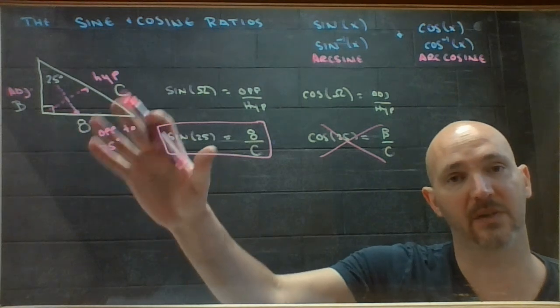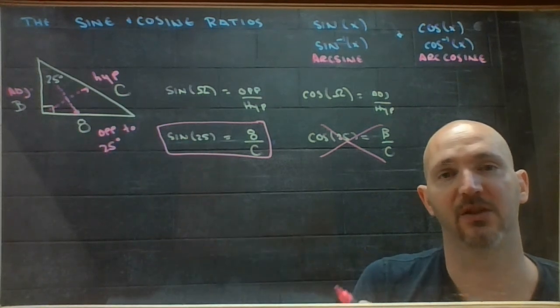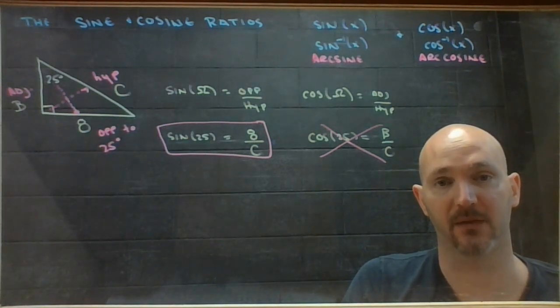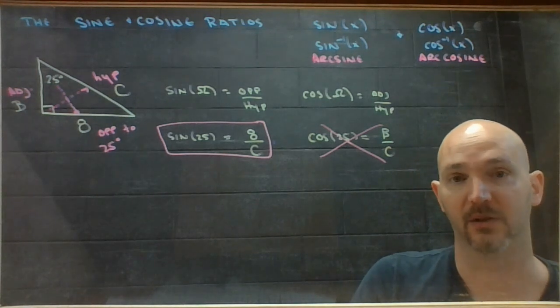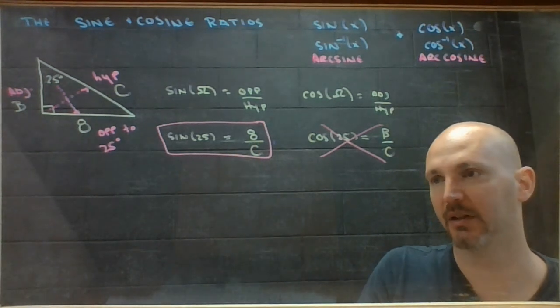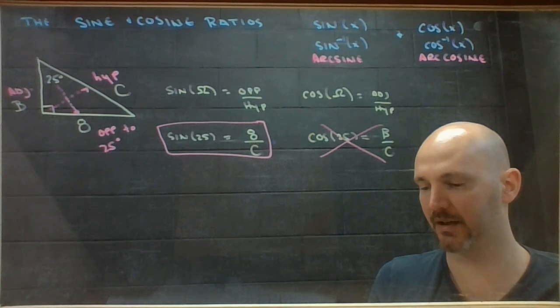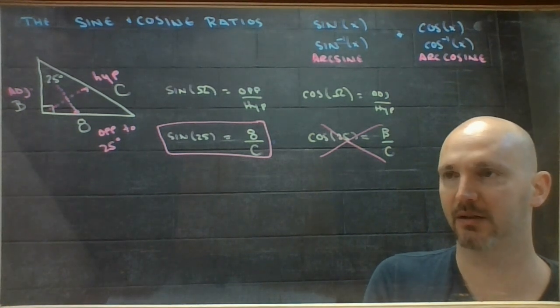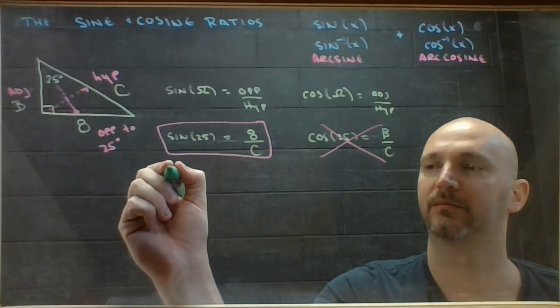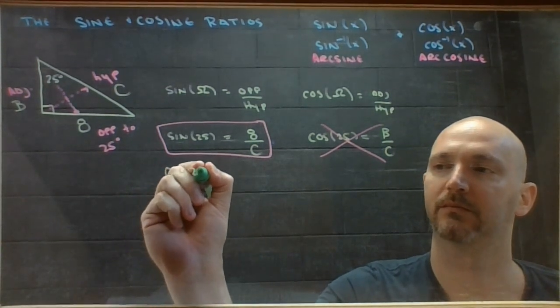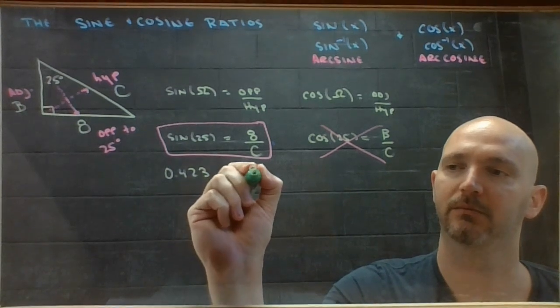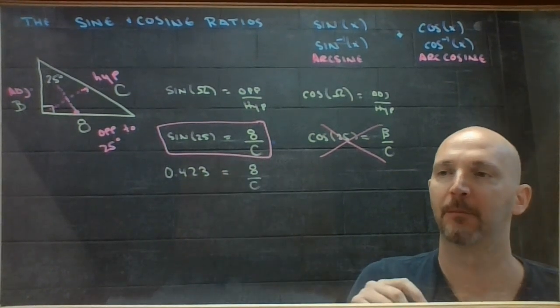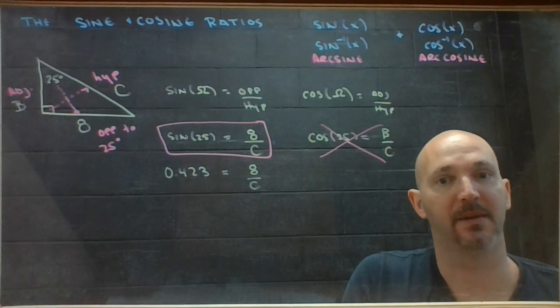So for this particular setup, the sine ratio is going to let me calculate the length of the hypotenuse. So how do I finish this algebra? I need sine 25 as a number, 0.423 if I round it. And I've got that weird upside down thing.